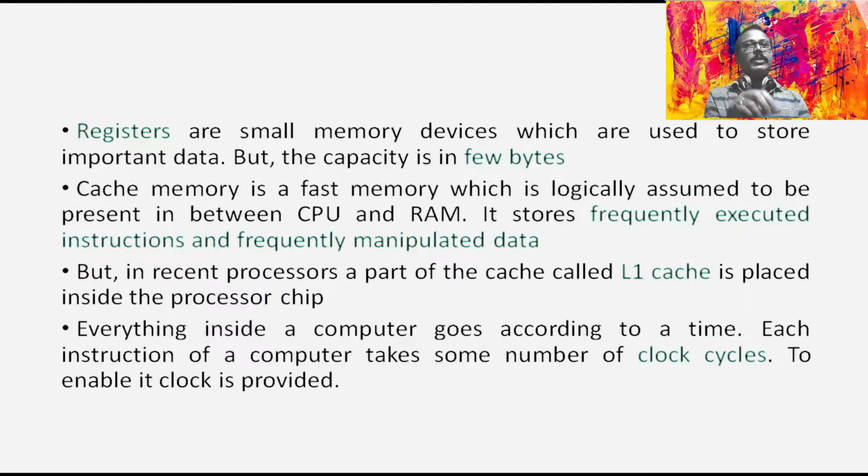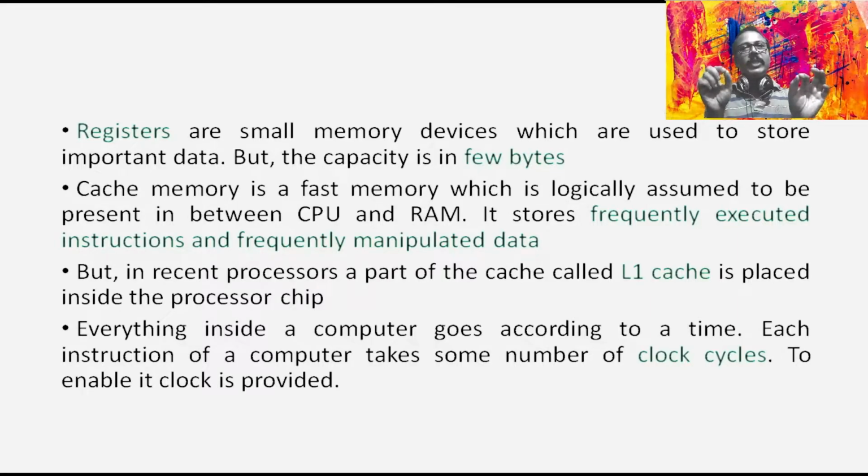Next is cache memory. Cache memory is nowadays also present inside the processor. Some amount of cache memory is present inside the processor, and some maybe outside the processor also. Cache memory is used to reduce the incompatibility in speeds between the CPU and main memory.